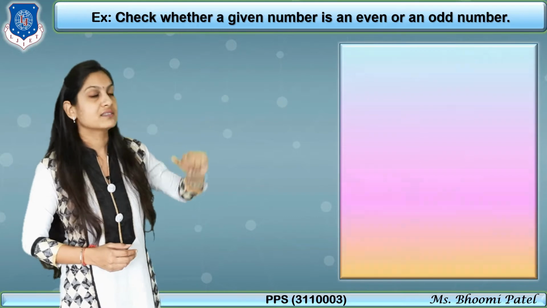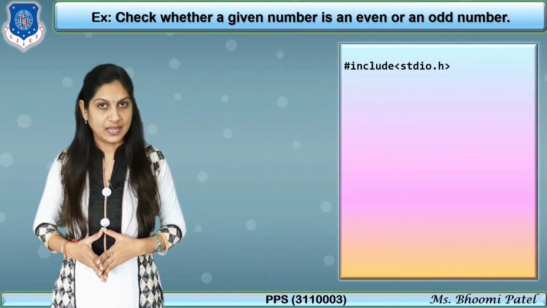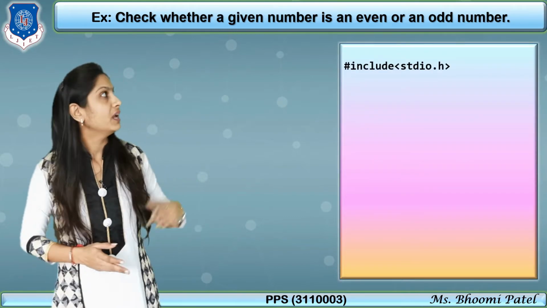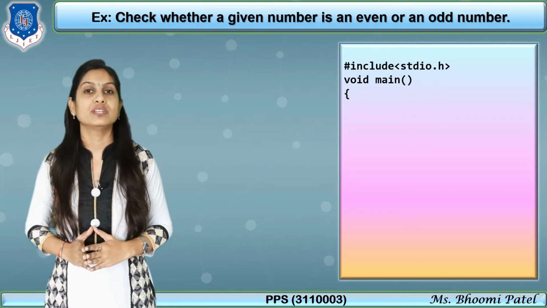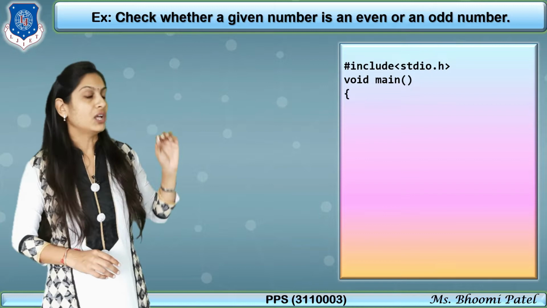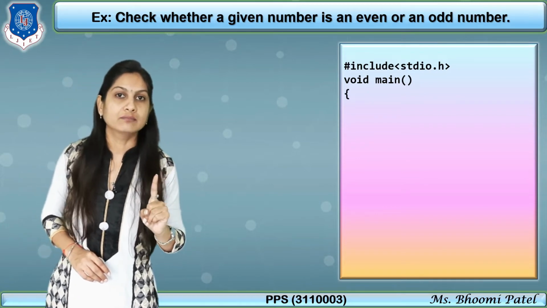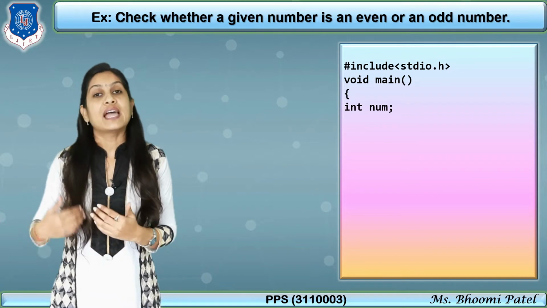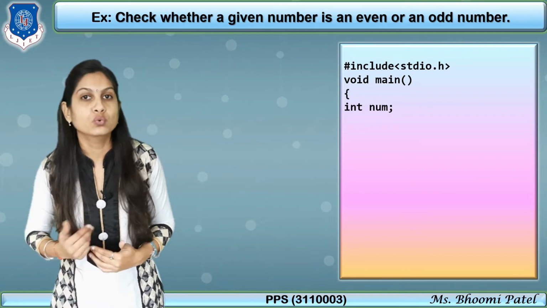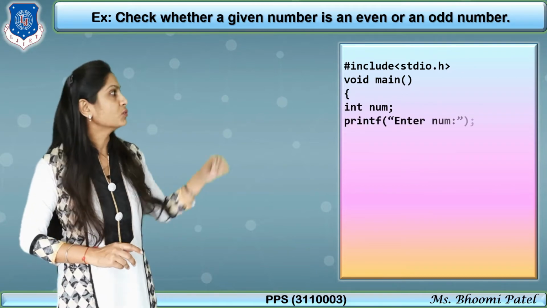So let's understand. First, obviously, the header files that we have to include. After that void main is there, and inside void main we declare the variables. We only have to check a single number, so the variable is int num, and that number we have to read from the user. For that we use printf.